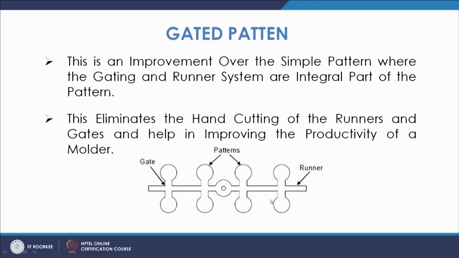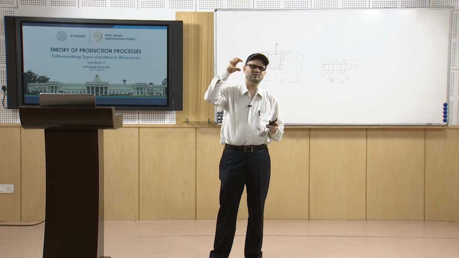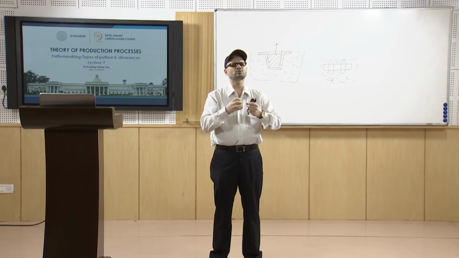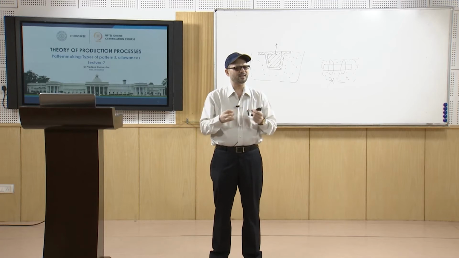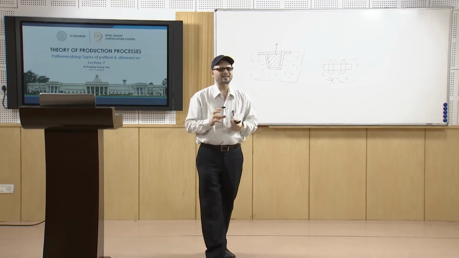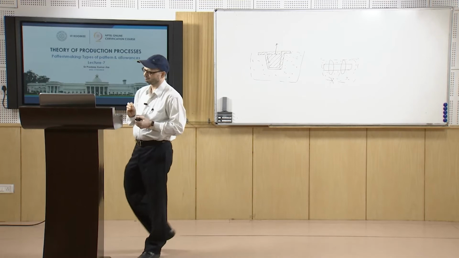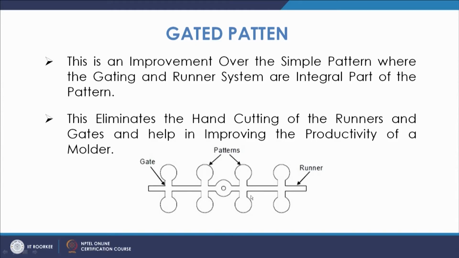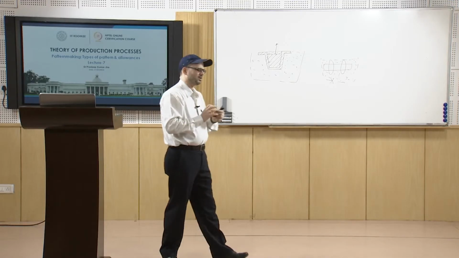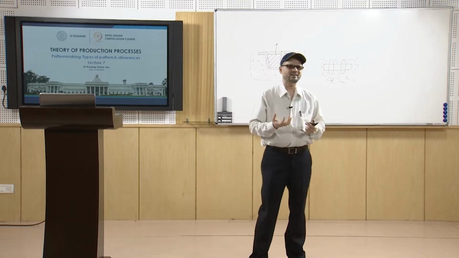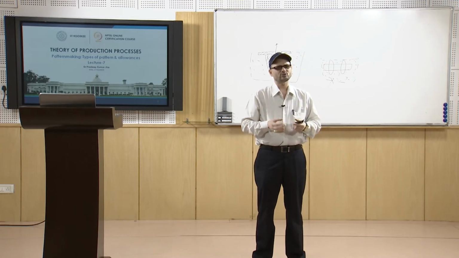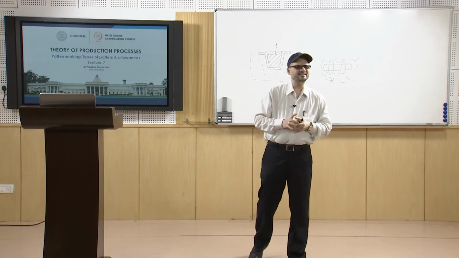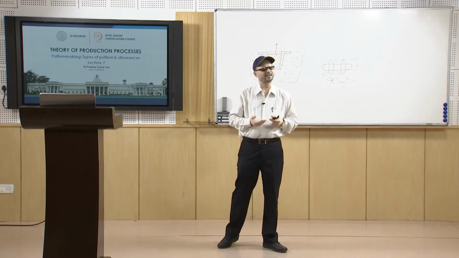When you are making the pattern, you keep that provision in mind, so that when you pour the liquid metal, it goes through the runner and from there is fed to the cavities through the different gates. These are known as the ingates, and they go into the different cavities and give you the casting. So, the pattern itself has runners and gates as its integral part.